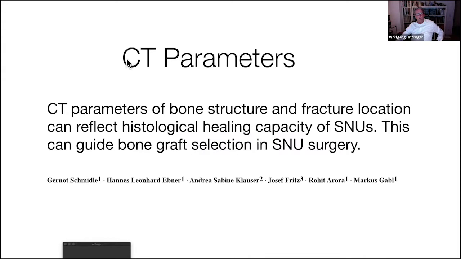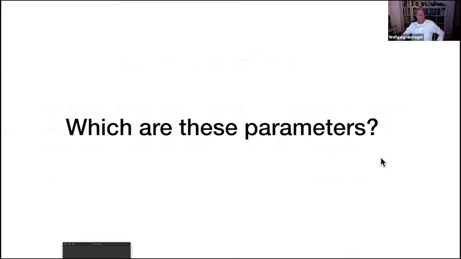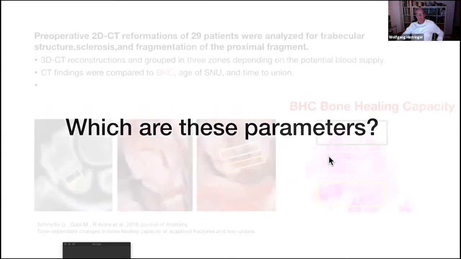They were looking for CT parameters to identify the vascularity of a non-union scaphoid, and the CT parameters of bone structure and fracture location can reflect histological healing capacity of scaphoid non-unions. This can guide bone graft selection in scaphoid non-union surgery. And we will look at which these parameters are.